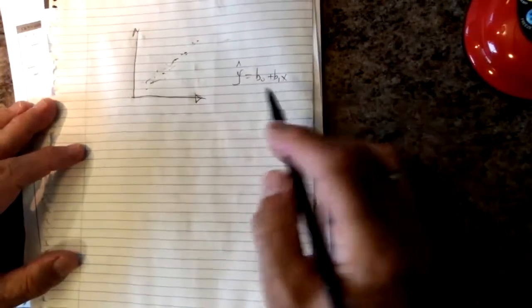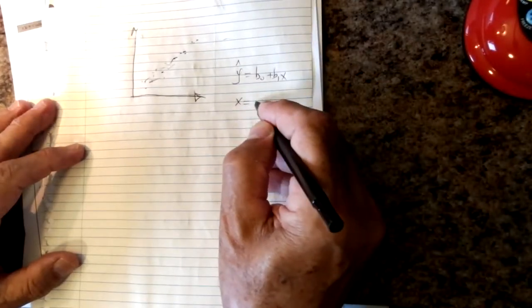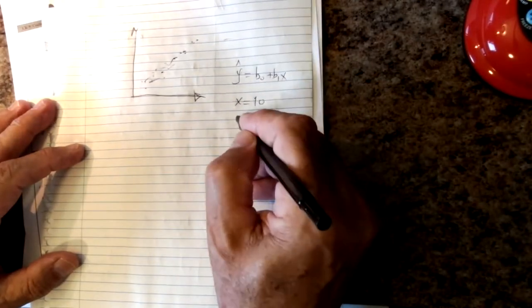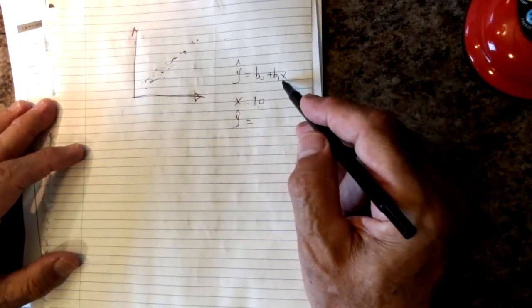And then when you find the equation, if we give you a value of x, how do you find the y value? Let's say x is 10. How do you find the y value? You just take that and plug it into this formula, okay?